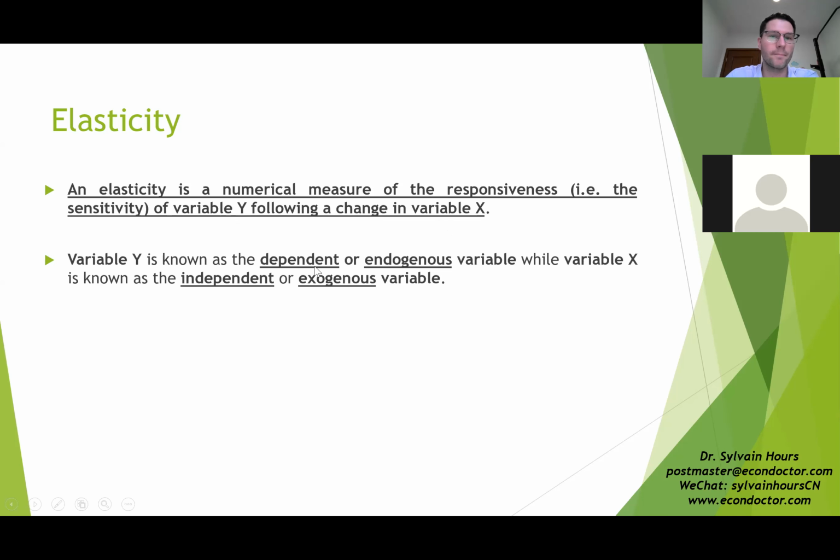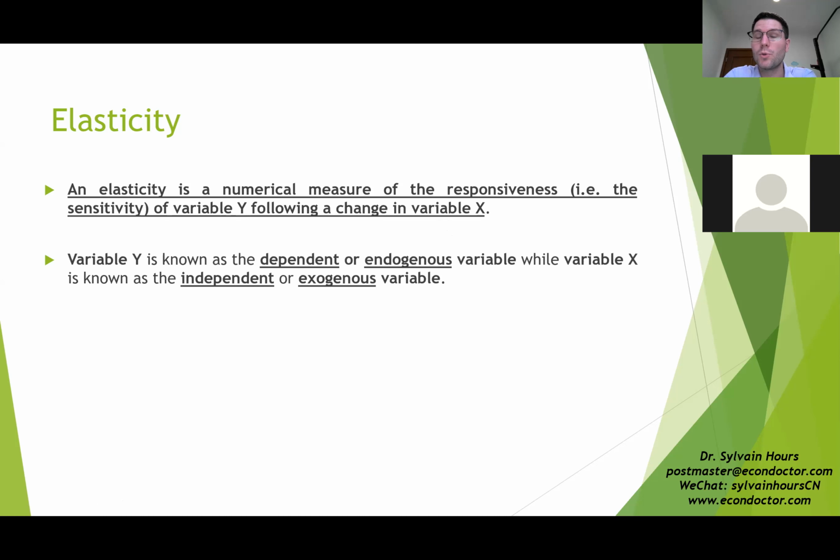Could really be anything. Okay, we give names, and if you remember in the first chapter when I talked about economic models, I explained what is the difference between an endogenous and an exogenous variable. We also sometimes call that dependent and independent variable.